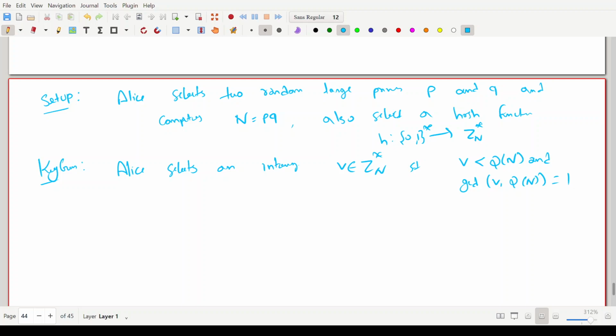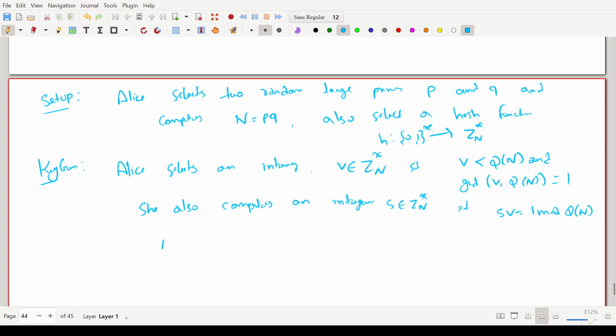She also computes an integer s such that s belongs to Zn* and s times v is equal to 1 modulo phi n. That means, why should the GCD of v and phi n be 1? Because v should be invertible. I should be able to find s such that s times v is equal to 1 modulo phi n.